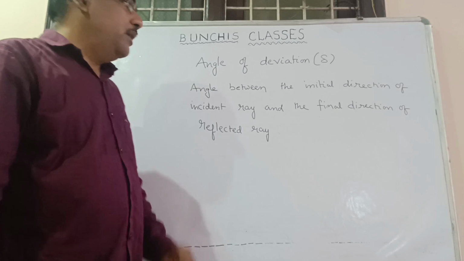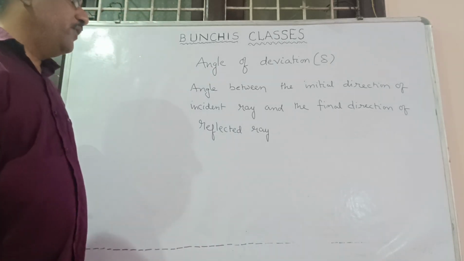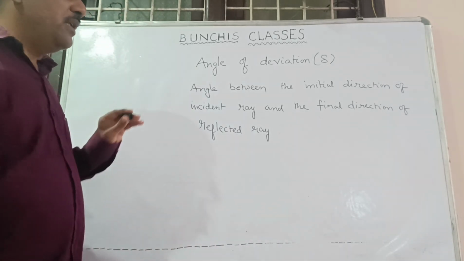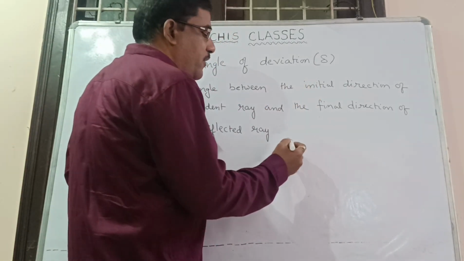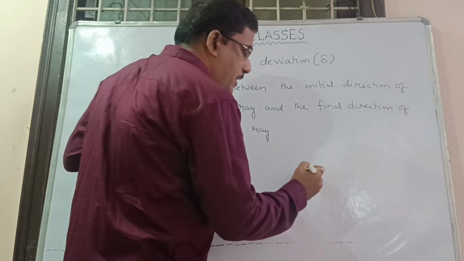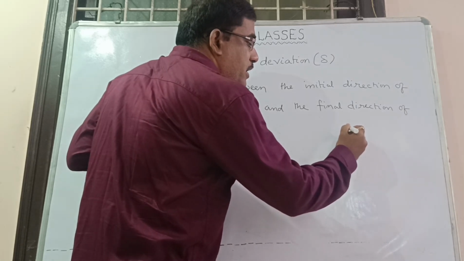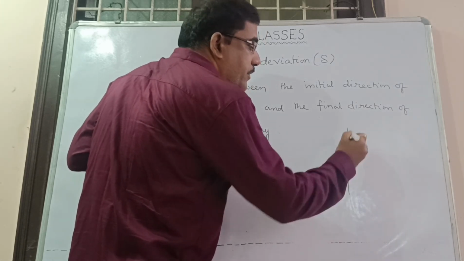So, the angle between the initial direction of the incident ray and the final direction of the reflected ray is called the angle of deviation, indicated by delta. Let us understand more clearly.